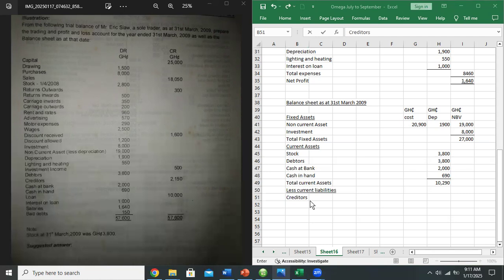Please, if it is only one item, move it straight away under the current assets to less. But if it's two or more, you list them in the first column and then the total will come under the current assets. Here is only the creditors, so we put 2,150, and then we less it to get the working capital.